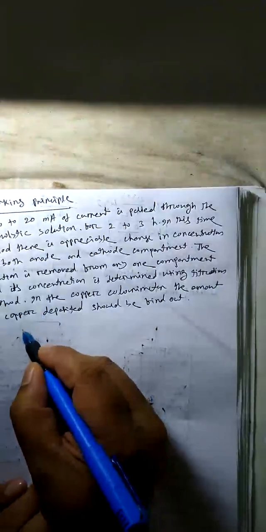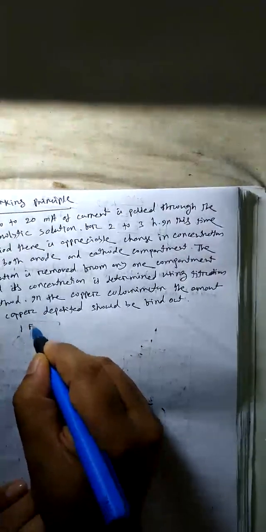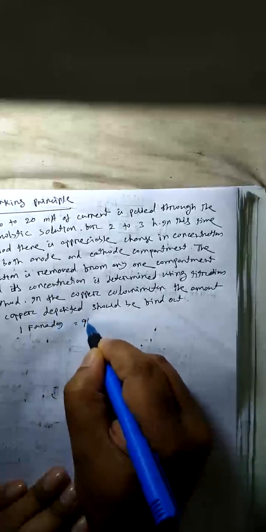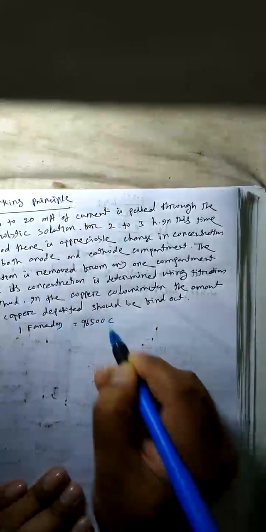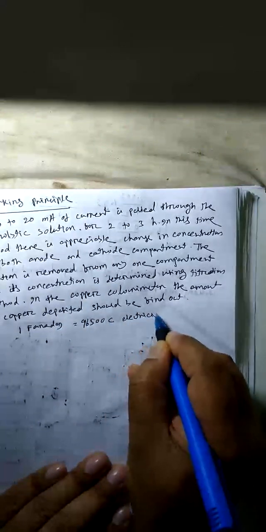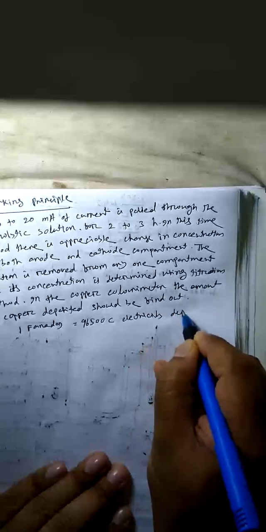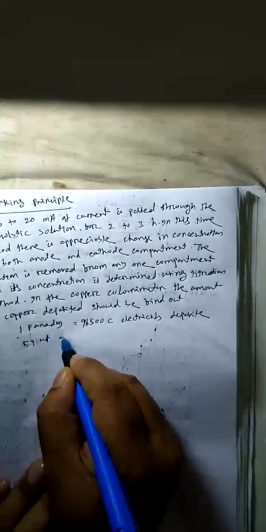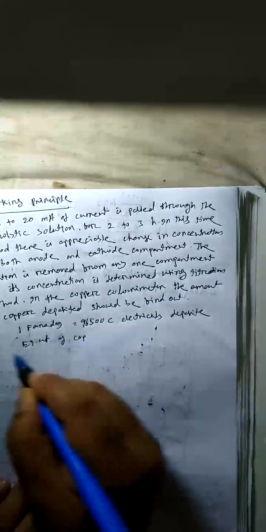It is known that 1 Faraday, that means 96,500 coulomb of electricity, deposits one gram equivalent weight of copper.